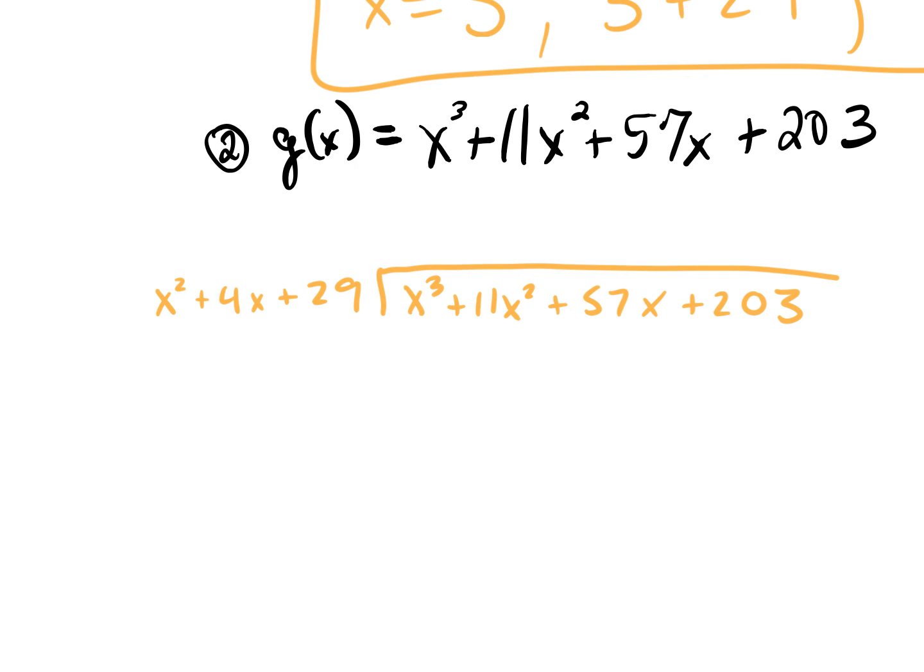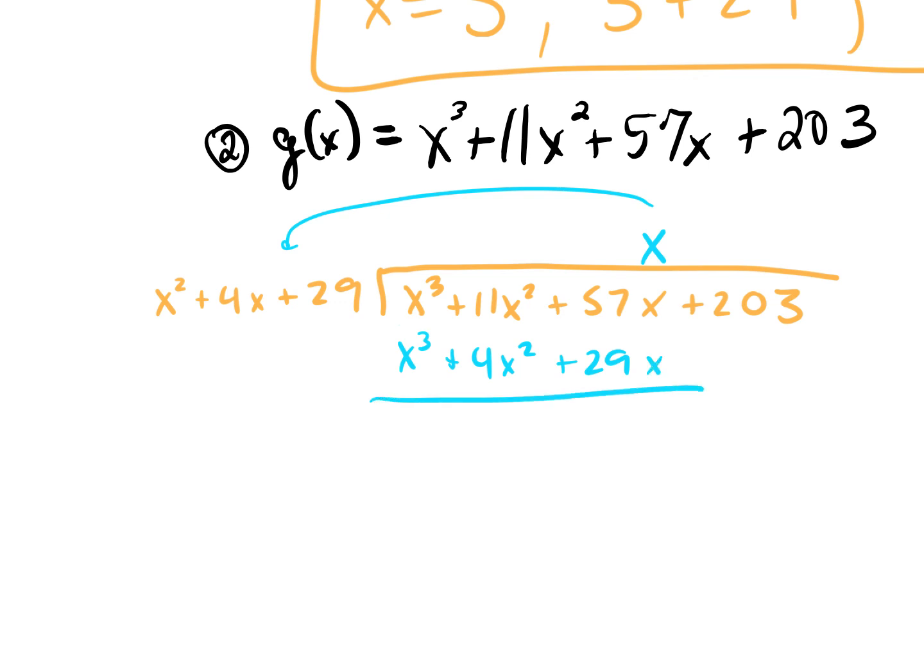So we start by dividing. x cubed divided by x squared would be what? x. So I put that x on top. Then I multiply. So x times everything outside would be x cubed plus 4x squared plus 29x. What's next? Change a sign, change a sign, change a sign, and combine them all.